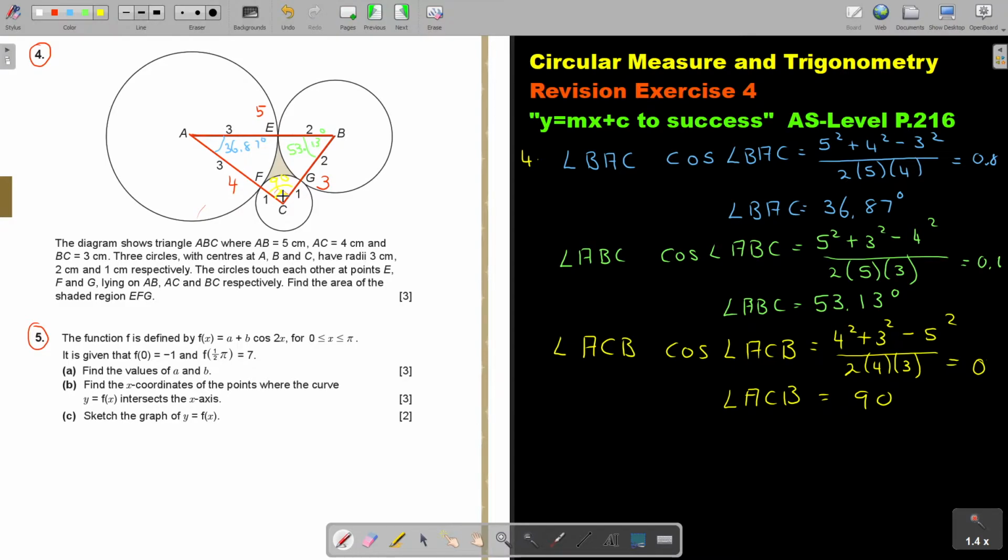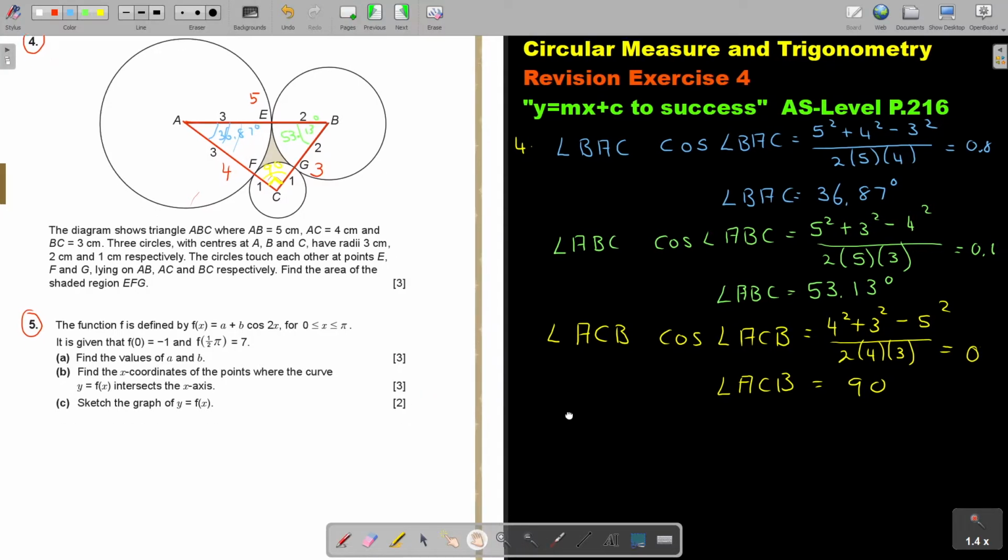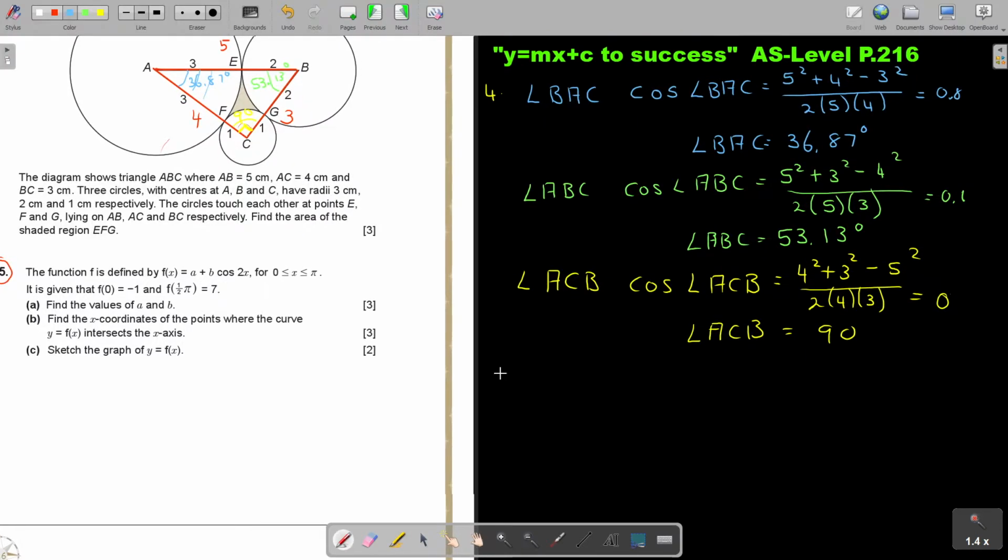As soon as I have my angles, I can work out the area of the sectors. Let's start with the blue again. Area of sector EAF. I can do it with the ordinary formula.